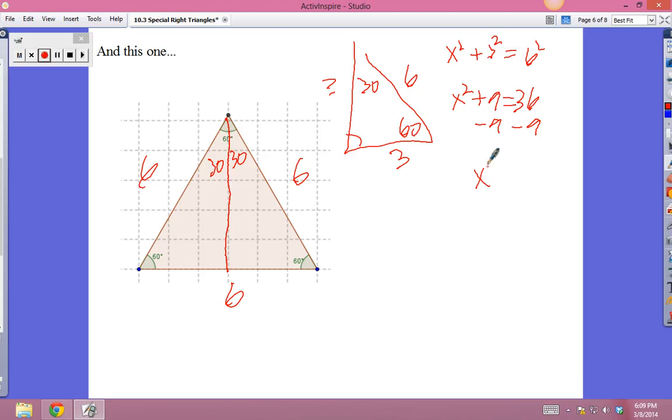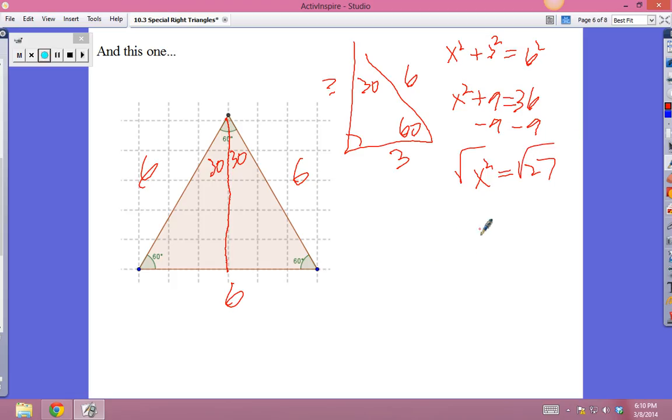Alright, so x squared equals, what's 36 take away 9? 27. Alright. Now let's undo the square. Square root this.